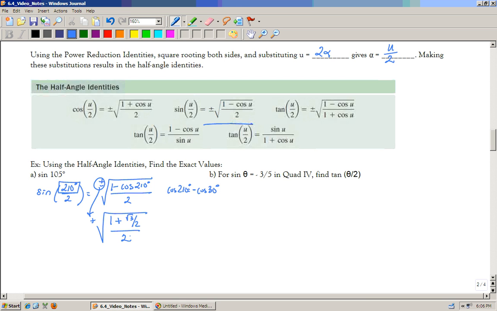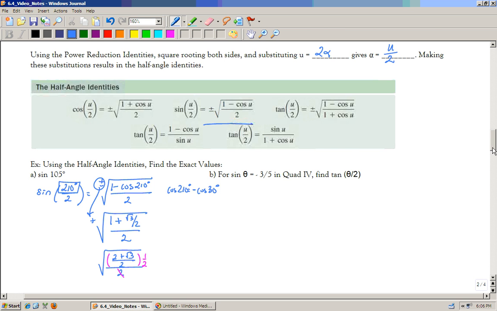So now we just have to simplify this. If you add the numerators together, you get 2 over 2 plus square root of 3 over 2, which is 2 plus square root of 3 all over 2. And the denominator now is 2. And remember, multiplying by 1/2 is the same as dividing by 2. So that 1/2 is now multiplied to that.